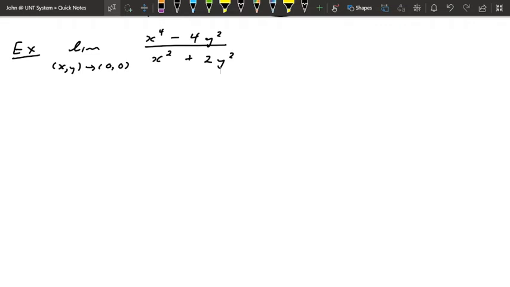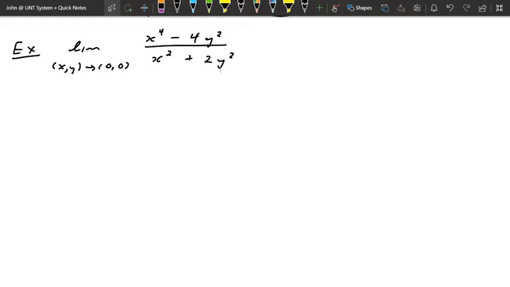Because if the limit does exist, then the limit's going to be the same no matter how you approach the point (0,0). And there's only a few standard paths that you would consider in this course. I think in the homework, we considered the path along each axis. And the other natural paths to take are the paths along the lines x equals y and x equals minus y.